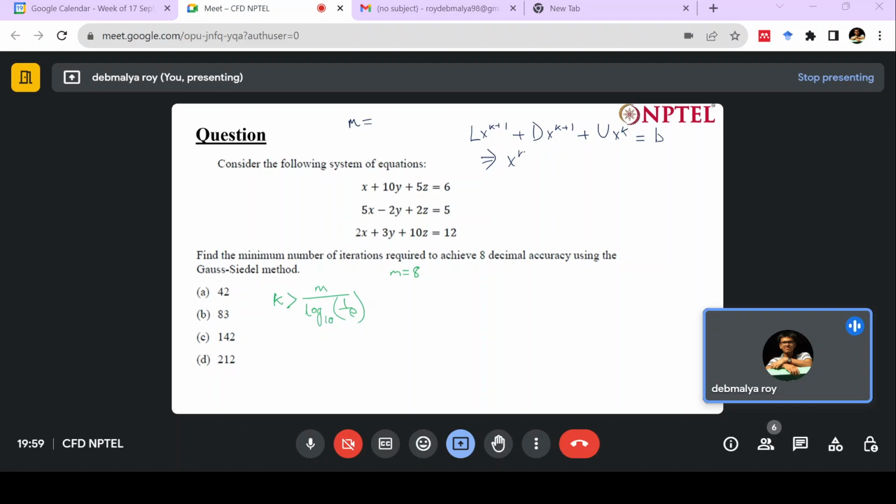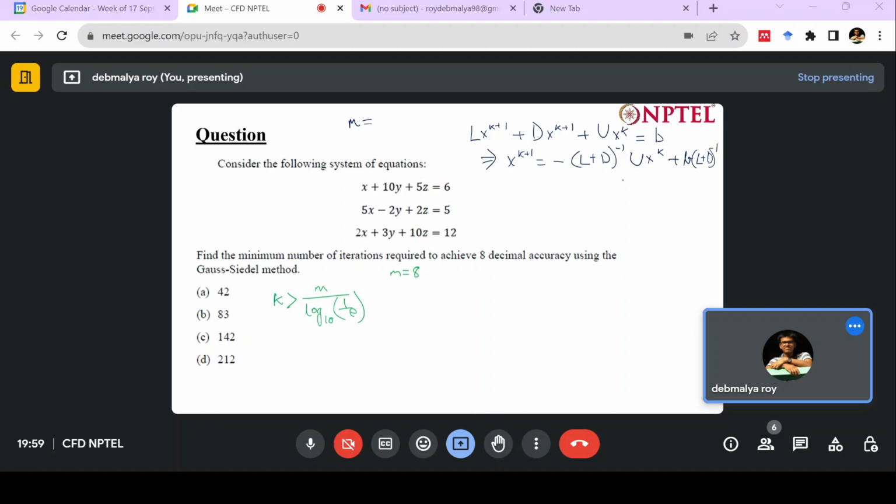So x k plus 1 will be equal to minus (L plus D) inverse U xk plus B (L plus D) inverse.